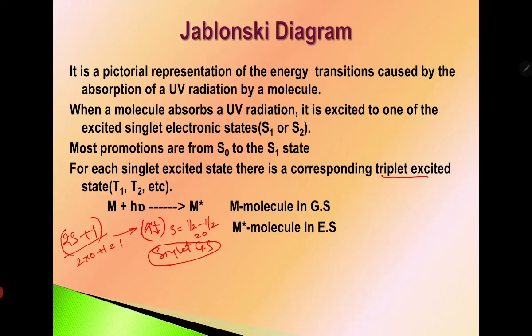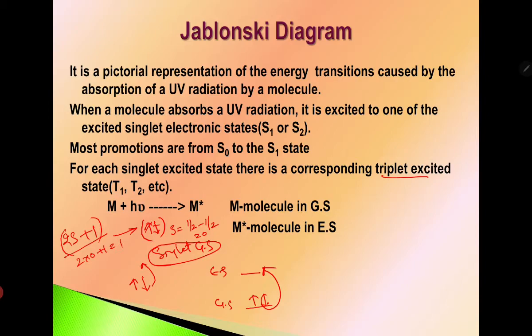Next, on absorption of a photon, we know that the molecule absorbs one photon, or one quantum of energy, and gets excited. So on absorption of one photon of energy, one of the paired electrons goes to the higher energy levels. Suppose this is the ground state and this is the excited state. One of the paired electrons goes to the higher levels, that is, gets excited.